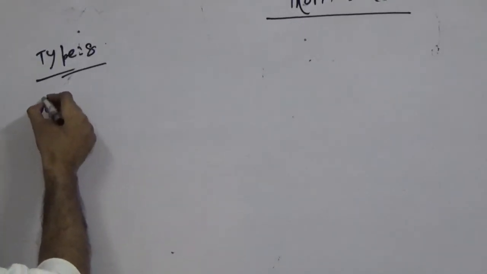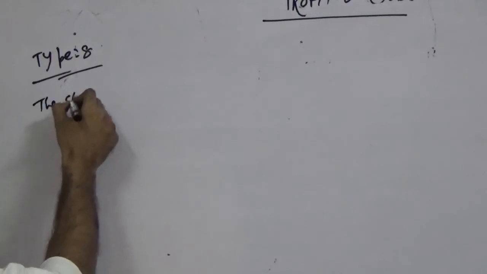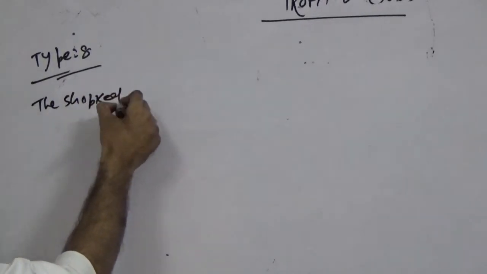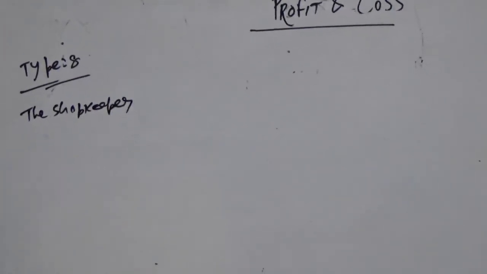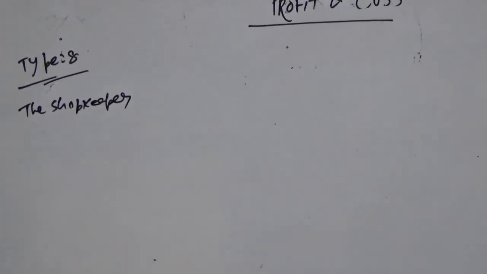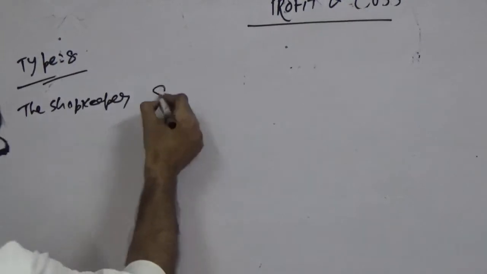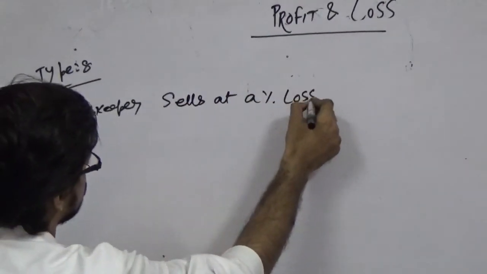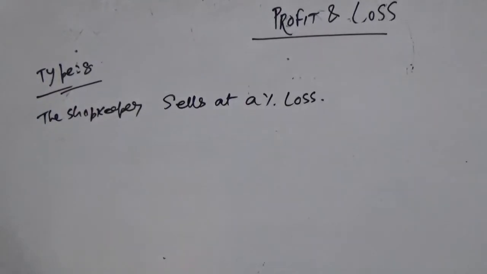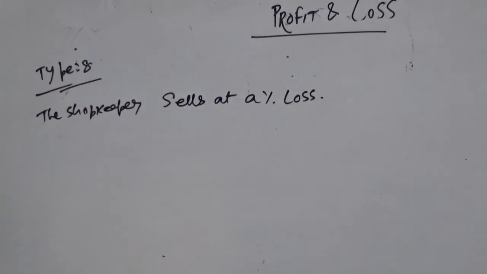Next, type 8 says: the shopkeeper sells his goods at a% loss on CP but uses B gram instead of C gram.